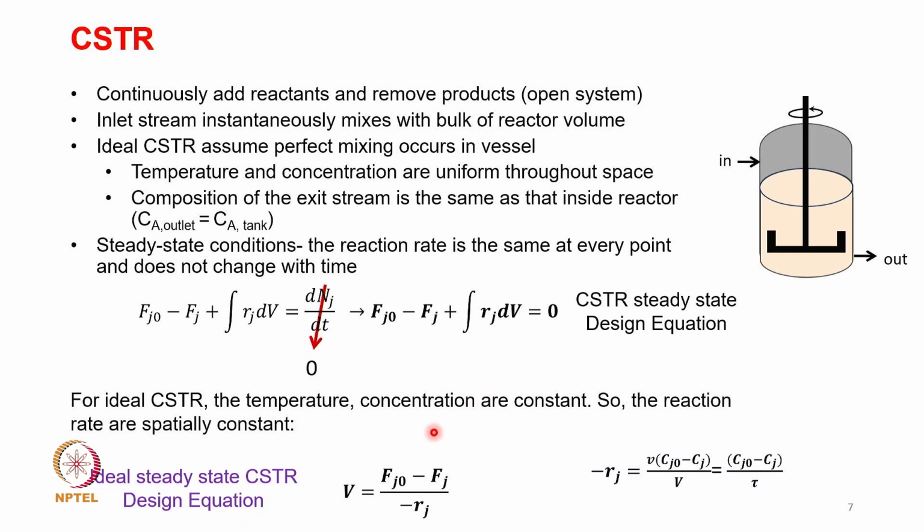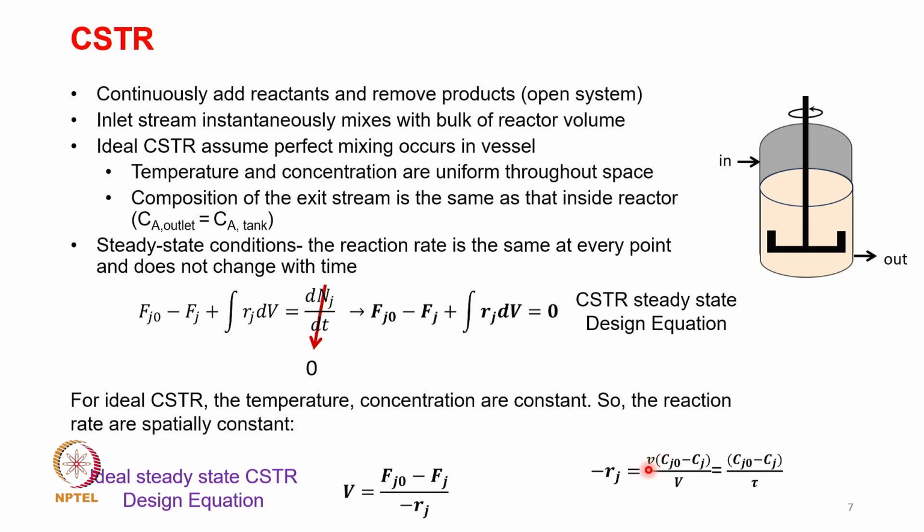We can also rewrite this as a function of minus Rj. Minus Rj would be Fj naught minus Fj divided by V, which you could further replace in terms of the concentration of the species: the inlet concentration minus the outlet concentration, assuming a common volumetric flow rate.